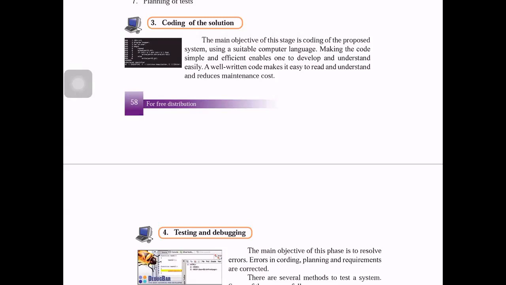In those cases, you only need to create the software just by using a programming language. Here they have not discussed it very much, because we have done our entire first lesson regarding coding. So basically, according to the plan that you have made, you will be developing the software using a programming language in this phase.